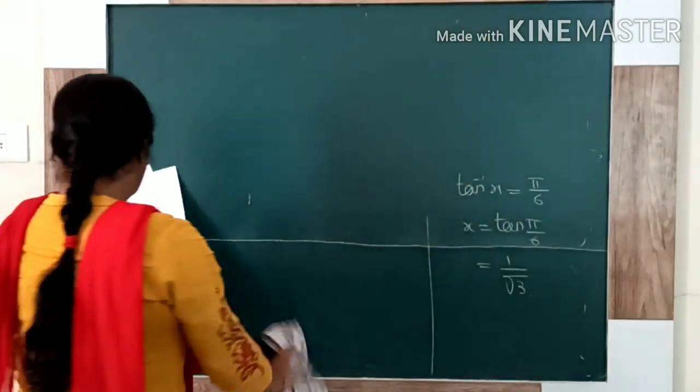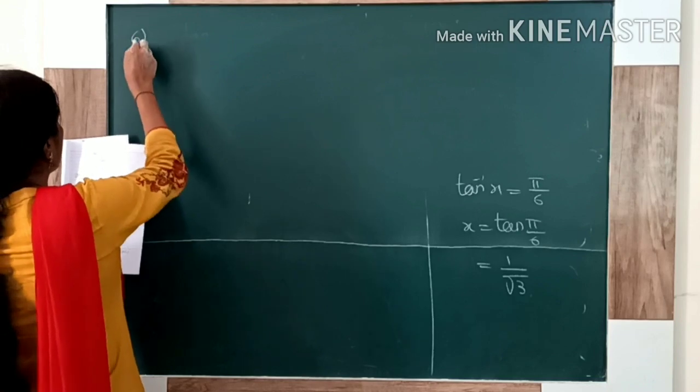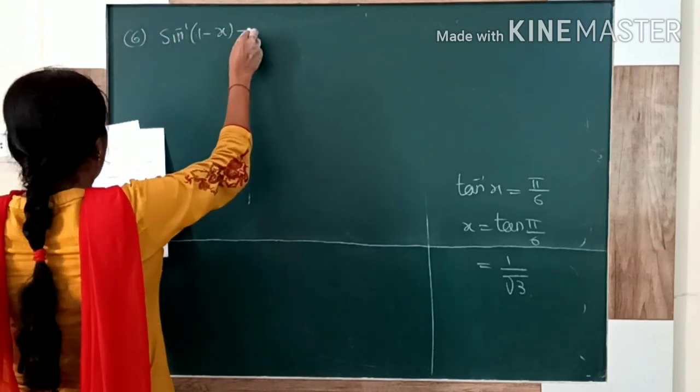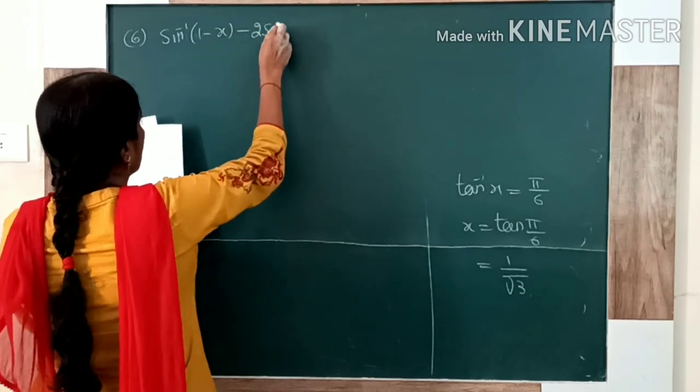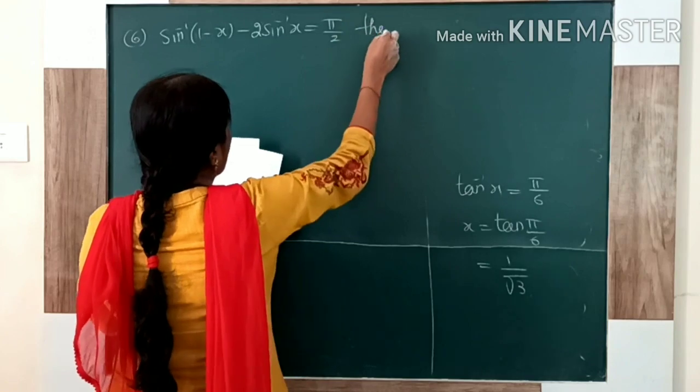This is related with CD. Sin inverse (1 by x) minus 2 into sin inverse x is equal to pi by 2.